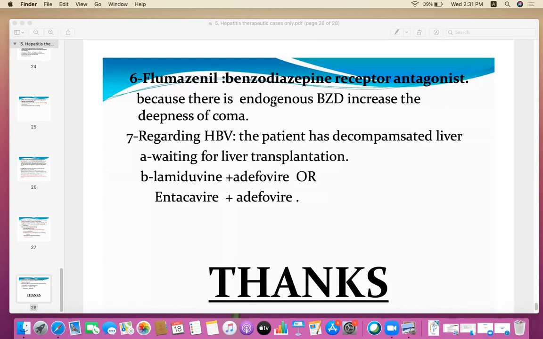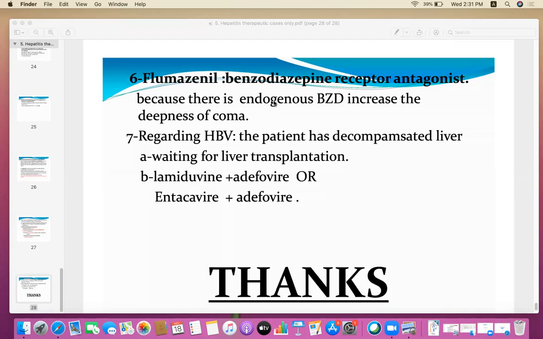Third most important drug is tenofovir from the category of nucleotide reverse transcriptase inhibitors. Entecavir, tenofovir. Other drugs are lamivudine and adefovir, which are less efficient, with adverse resistance.